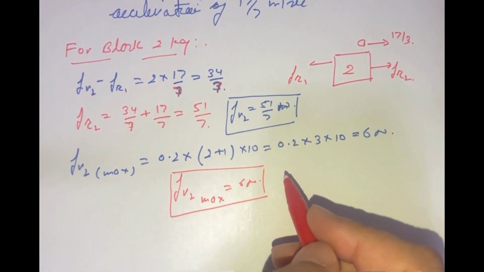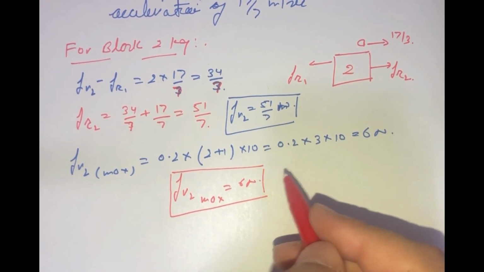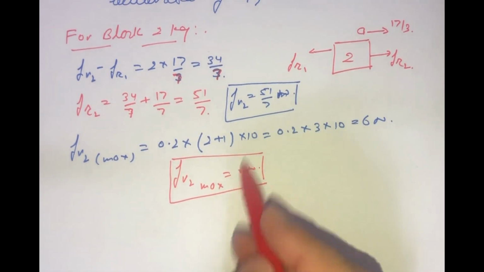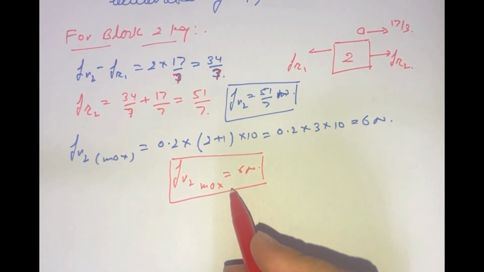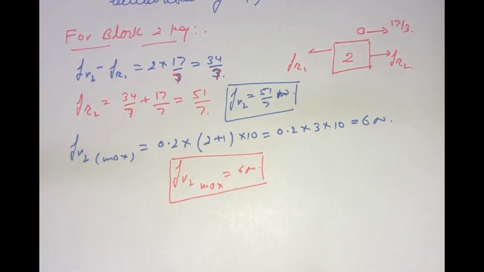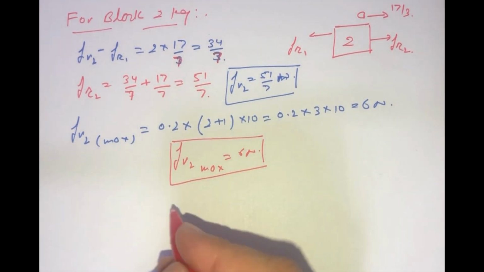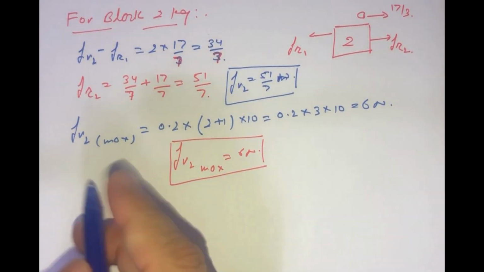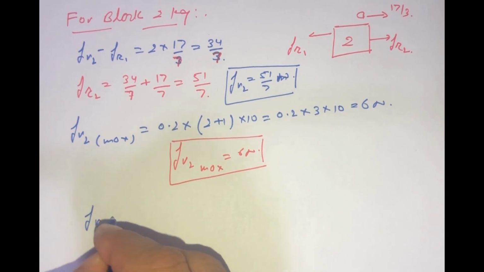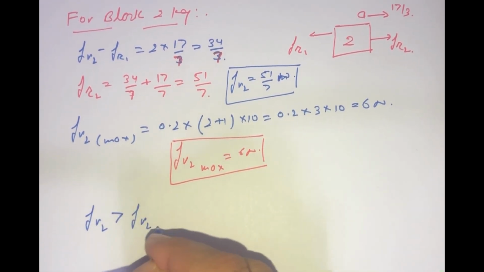Now we make a comparison between these two values. If we make comparison, we can clearly see that our FR2 is greater than FR2 max.